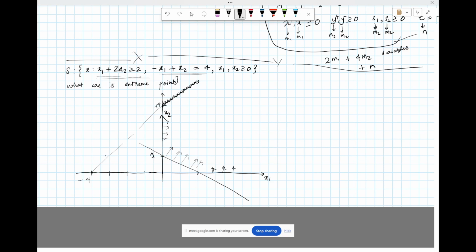And this part is not really my feasible region, and the equality only holds on this. So all the points with x1, x2 greater than 0 on this line basically.